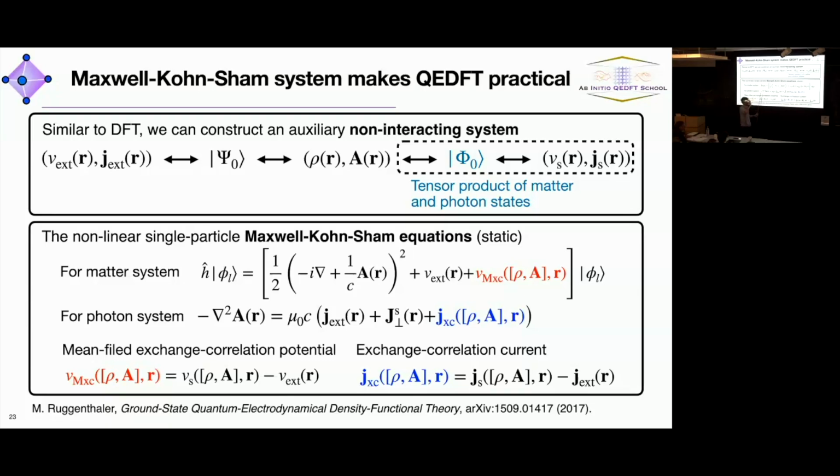It generates a current, and in order to capture some quantum effect, we put in another so-called exchange correlation current. This one is unknown, and also this one is unknown. The approach we are going to use to find this one is the so-called local force balance equation.